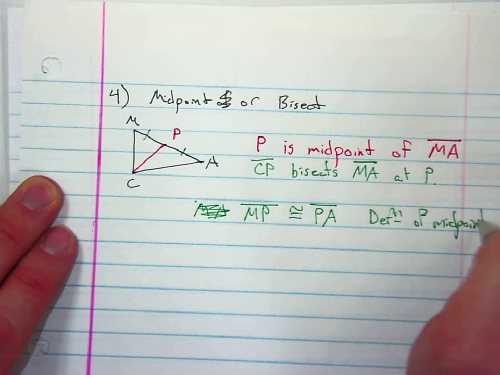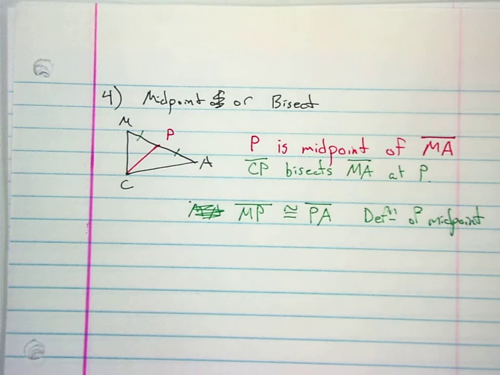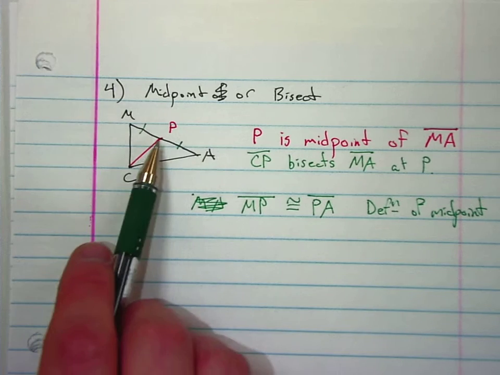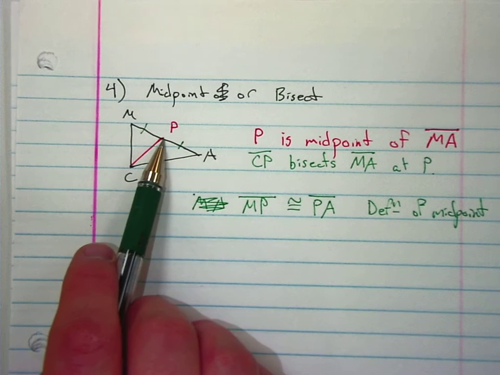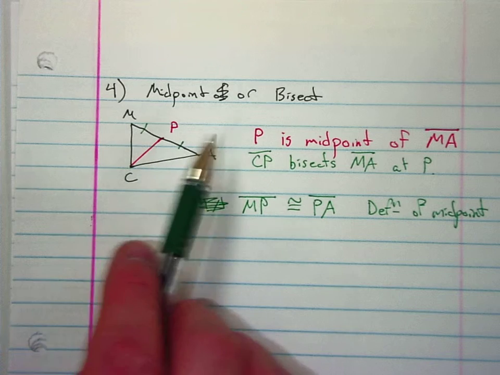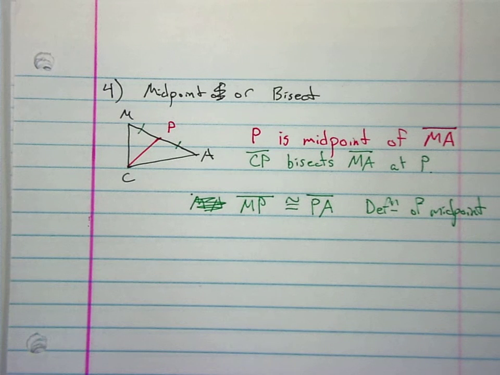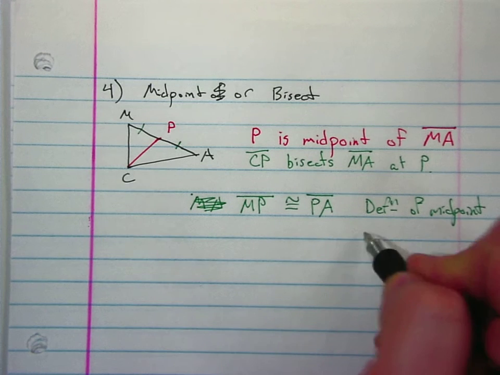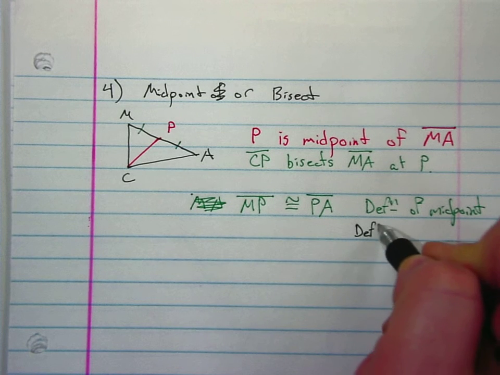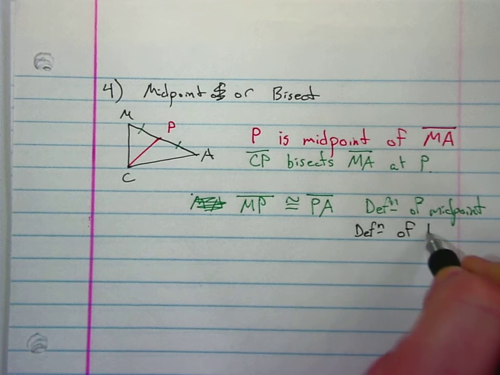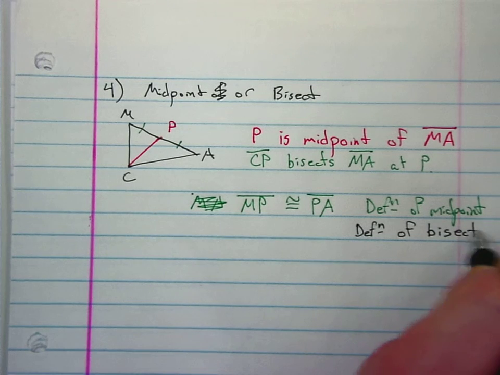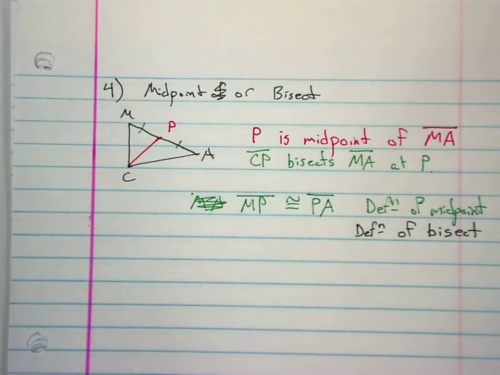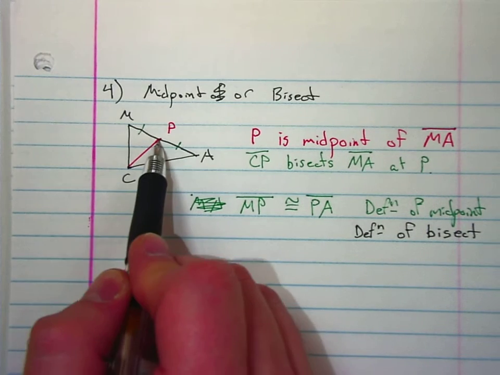Some people will get really fussy and say that if it was the bisect one, you'd first have to say that P was the midpoint by definition of bisector, and then do it. But I'm going to be fine if you say definition of bisect. I don't want to get too finicky. So the idea is if you know that this is the bisector or the midpoint, you know those two sides are equal.